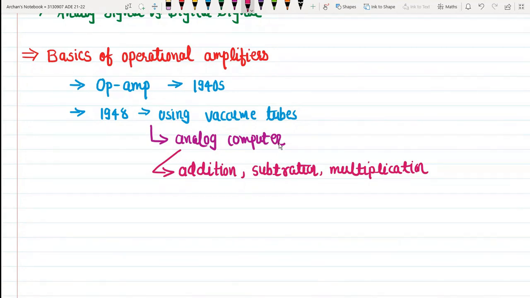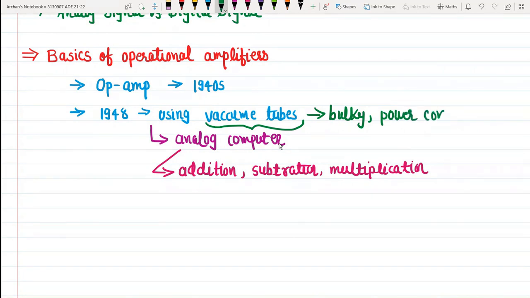But as you can see, it uses vacuum tubes. What is the disadvantage of using vacuum tubes? Vacuum tubes are bulky, they consume more power, and they are expensive.